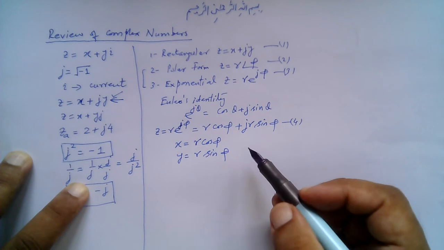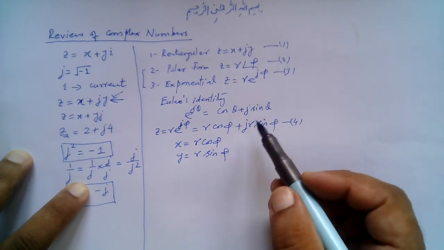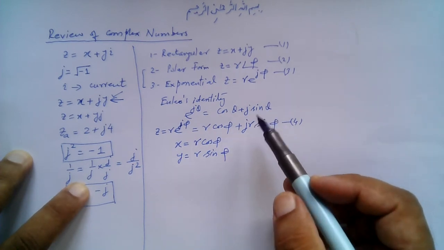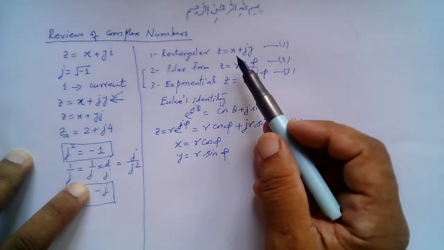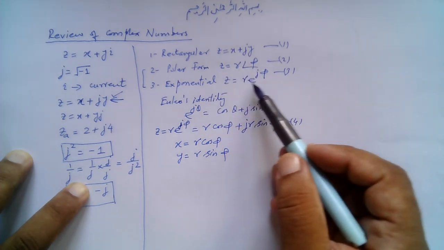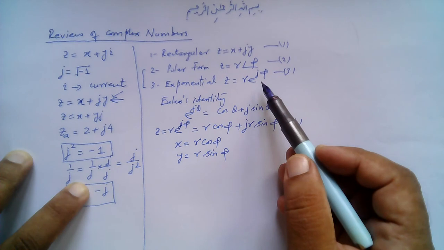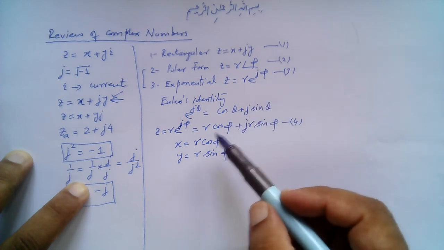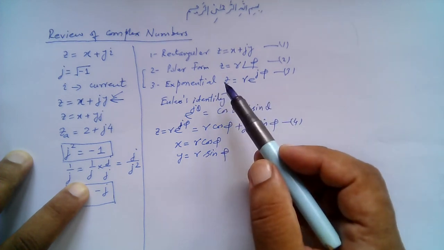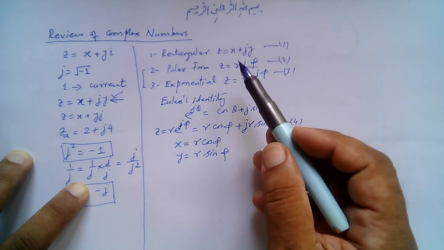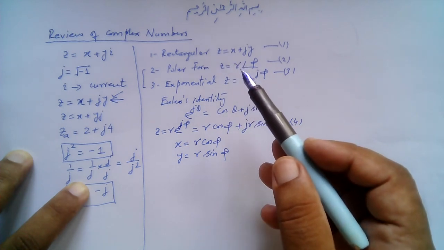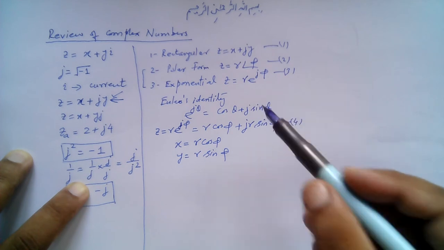So using Euler's identity, we can find the corresponding rectangular form from the exponential form. This is the conversion basically from the exponential form to rectangular form. And we can do the vice versa also.